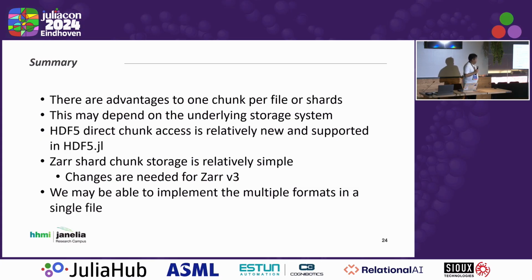And maybe this is mappable to the same kind of concept with Zarr shards. So I think we have an opportunity here to converge multiple paths and possibly create a single interface that can handle everything.